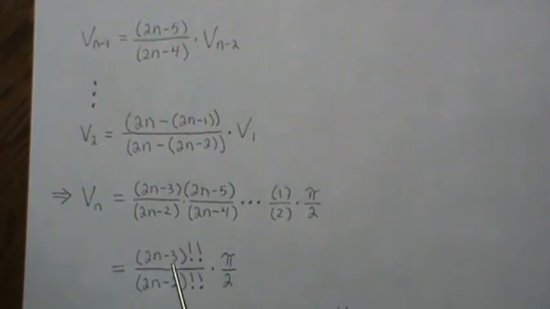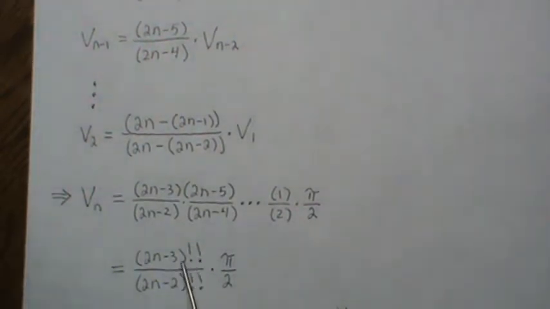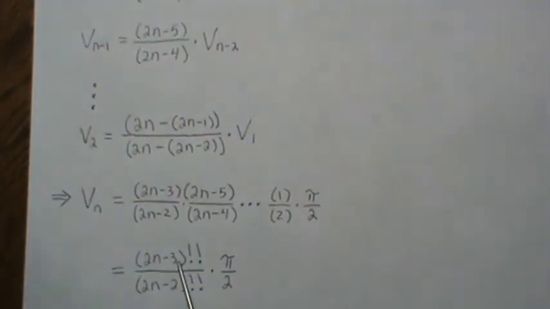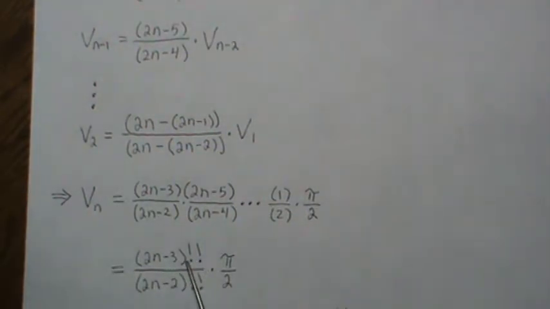So we have n minus 3 double factorials. It means skip 2; instead of a factorial where you go down by 1 in the product, a double factorial means you skip 2. And then it ends when you get to a 1 or a 2. And so this bottom one is also a double factorial. Here we end with the 2, and here we end with the 1.